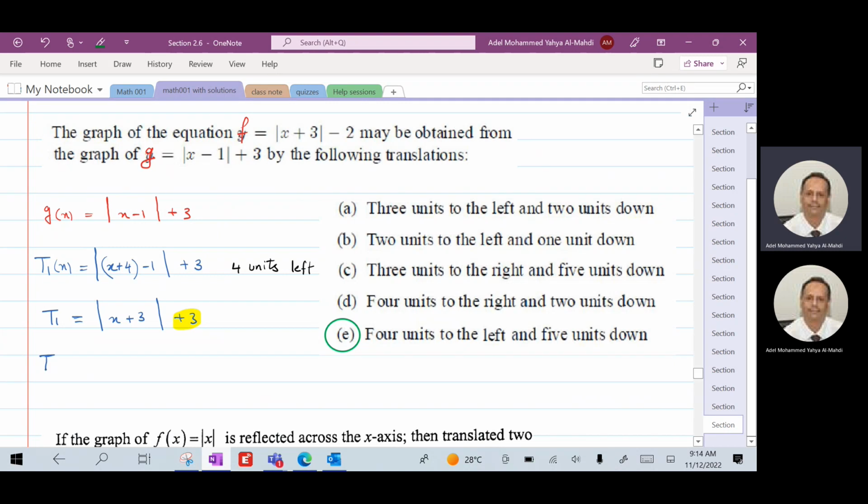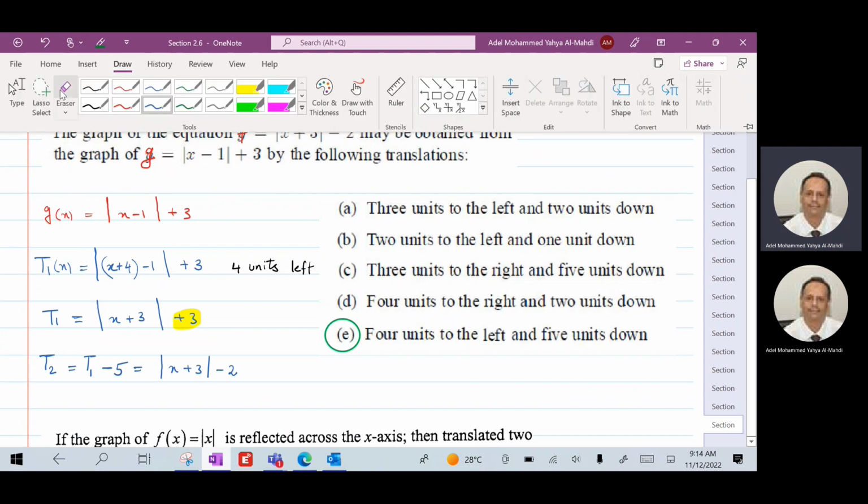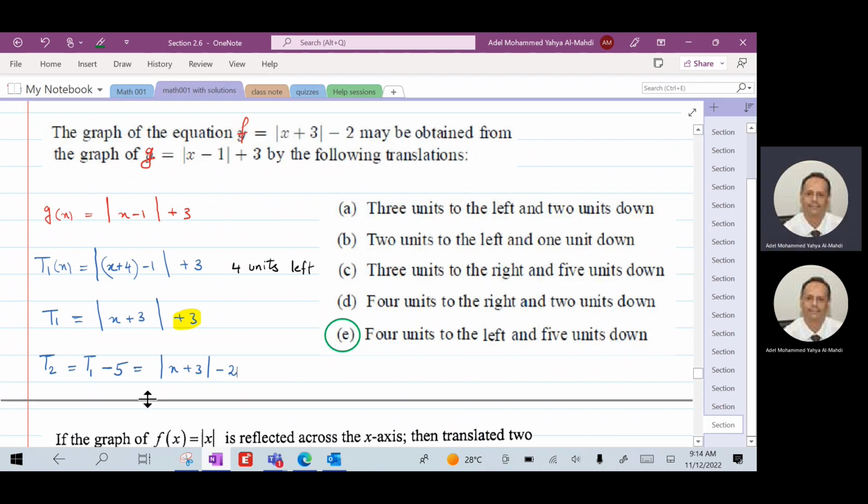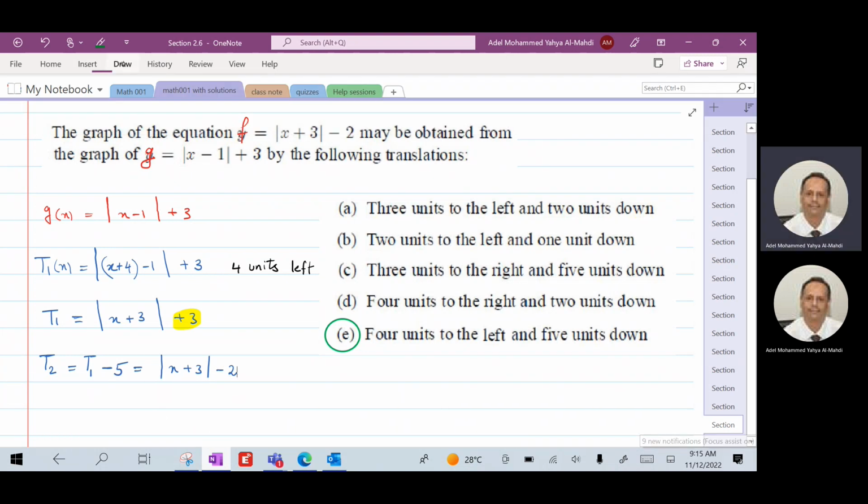So mathematically, let me call it T2. T1 minus 5. If you subtract 5, you will get the absolute value of x plus 3, minus 2. Geometrically, what does it mean if you subtract 5 from T1? It means we shift the graph of T1 5 units down.